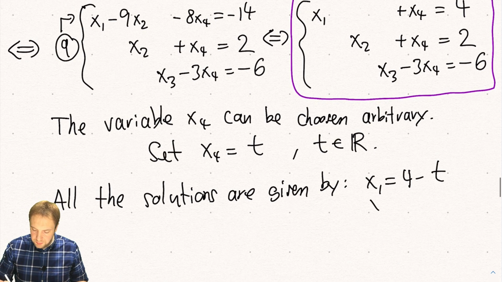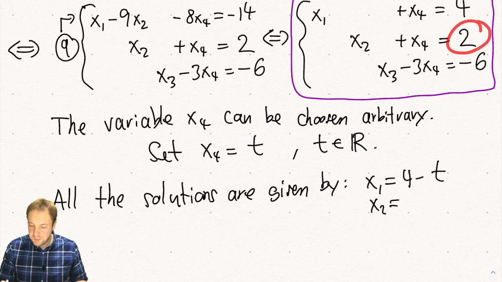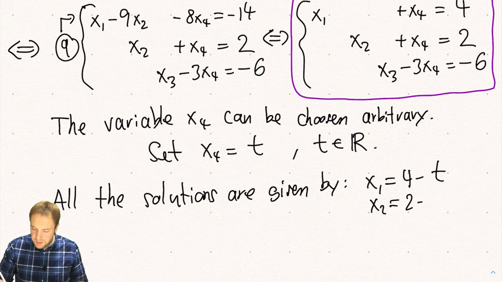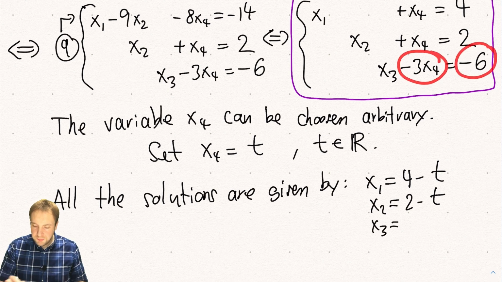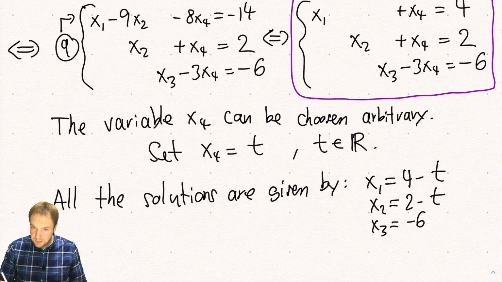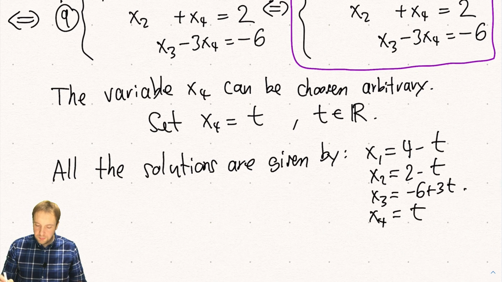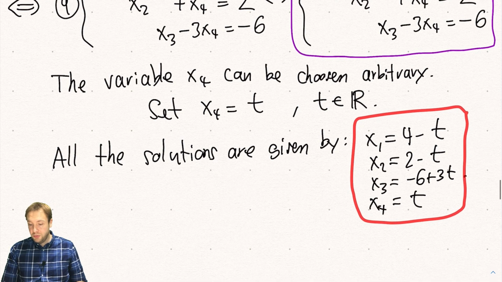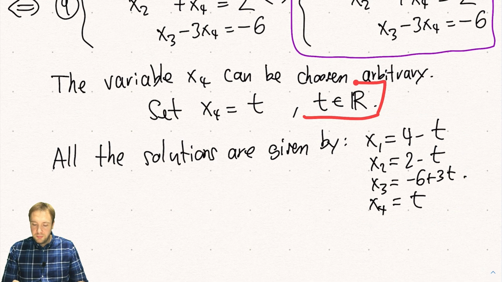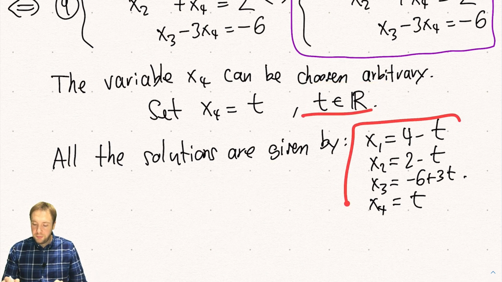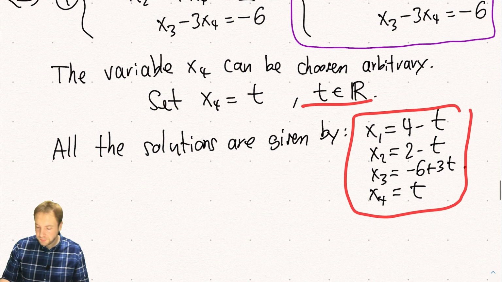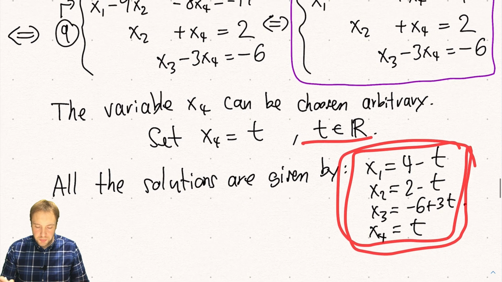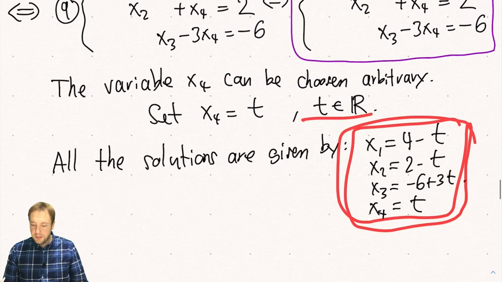And x2 equals, well, we can subtract this t from the 2, so it's 2 minus t. x3 is, well, minus 6 plus 3t, and x4 is t. So we see that in this case, we not just have one solution. For each arbitrary number t, we get a solution given by this here. And this gives all the solutions of our linear system here.